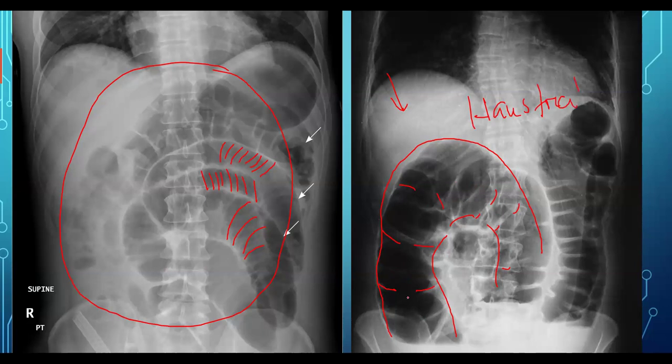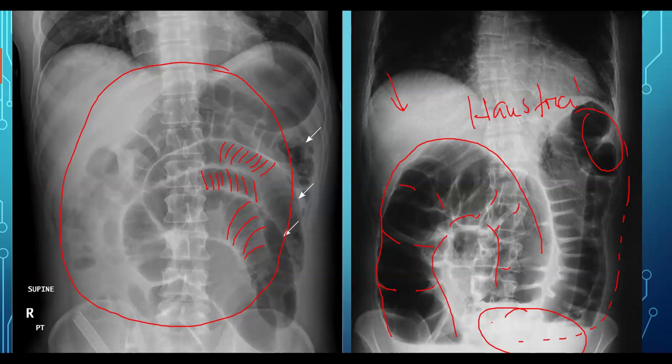And if you look over here, this is definitely a dilated loop of bowel. And after this, there is nothing. So there should be some other gaseous shadow over here, but there is a totally empty rectum. So empty rectum is one of the very important findings of bowel obstruction.